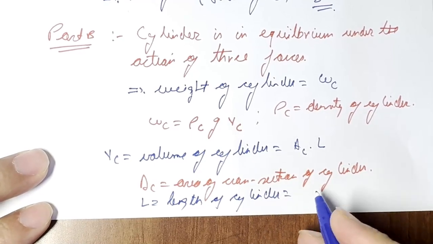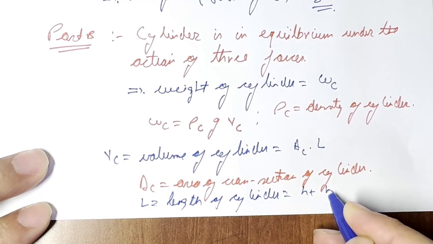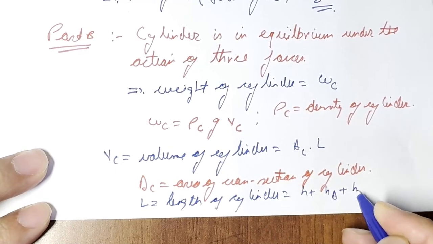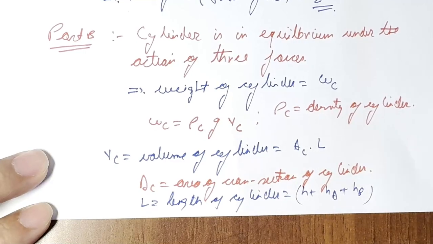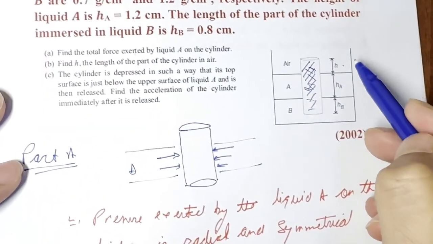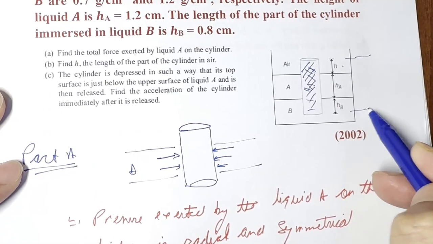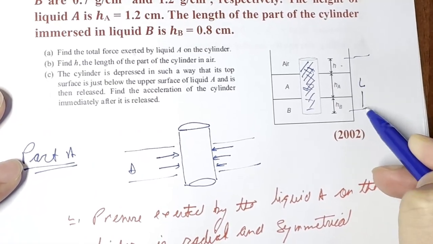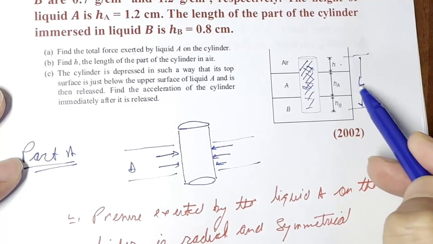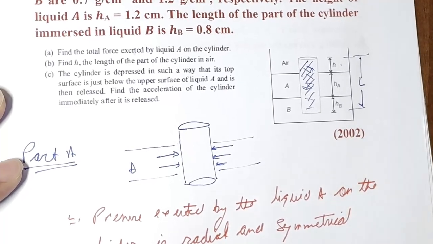And that will be equal to H plus HA plus HB. So we have assumed that L is the length of the cylinder, so obviously L will be equal to H plus HA plus HB.